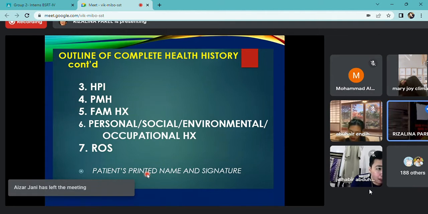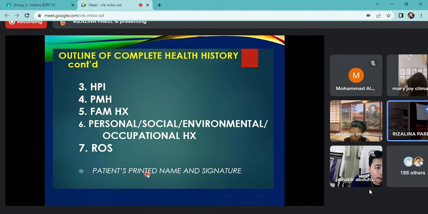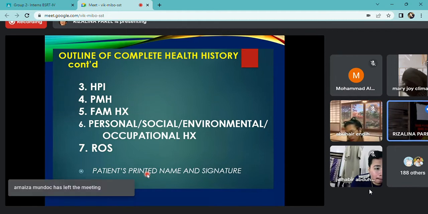So, exposed talaga siya sa pneumoconiosis. Ano kaya ay meron siyang or silicosis? Ano kaya ay nagtatrabaho siya sa pabrika ng cotton? Okay? So, yun. The occupational history could also be related doon sa kanyang present na condition.